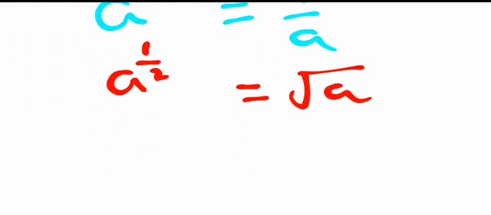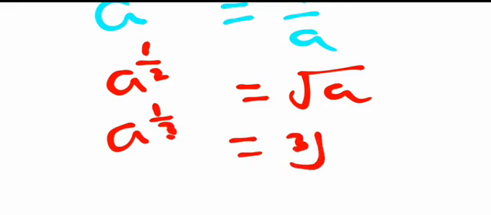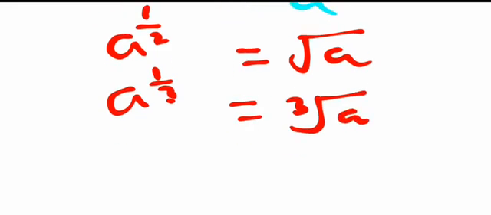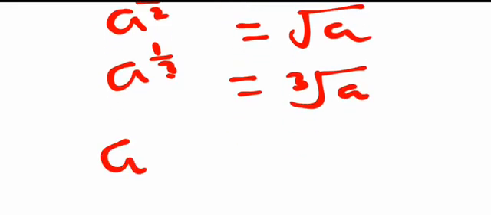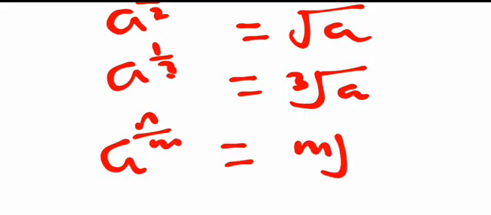And also when you have a raised to power 1 over 3, they call it fractional index, that will be cube root of a. And in general, when you have a raised to power n over m, that will give us mth root of a raised to power n. That's law of indices there.